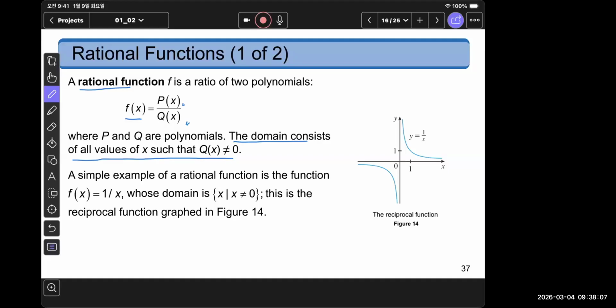So for example, the 1 over x function is a very simple rational function because the numerator is the constant 1 while the denominator is x. The domain will be just the whole real line except 0. So that is called a rational function. Please remember the definitions of those.